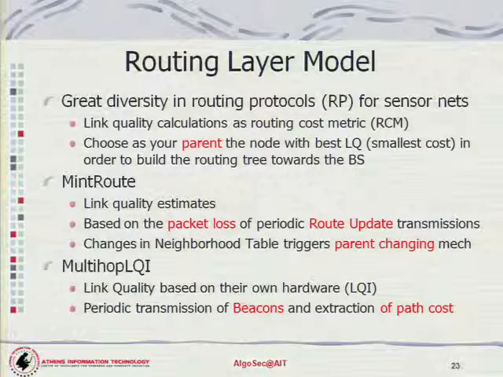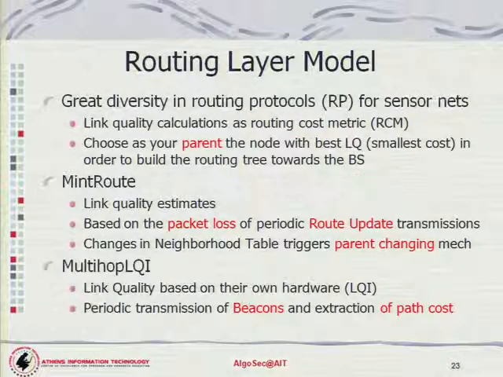If you lose 5, 6, 7, then they have functions embedded inside the node, and you can find an estimation of the link quality. Obviously, as you can understand, this is not a very accurate estimation, because sensor networks don't have very strong antennas, so you don't have very good link qualities.